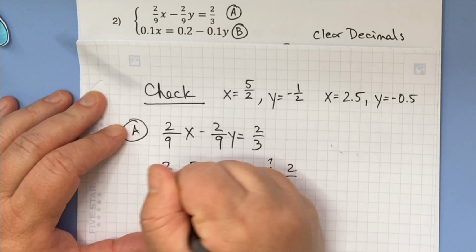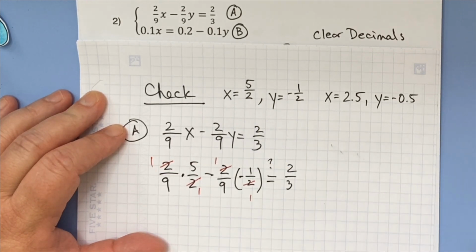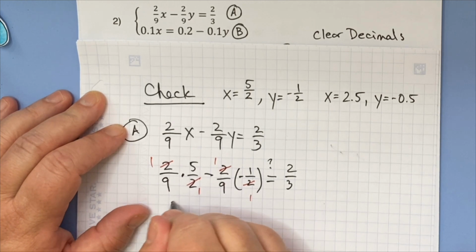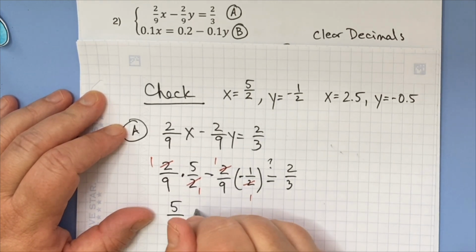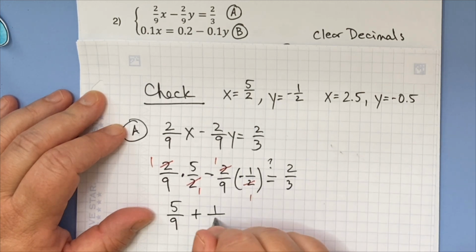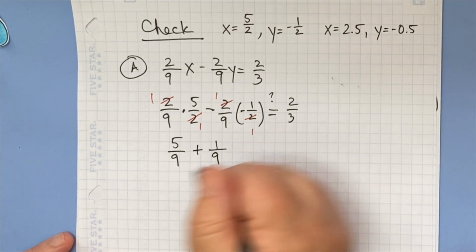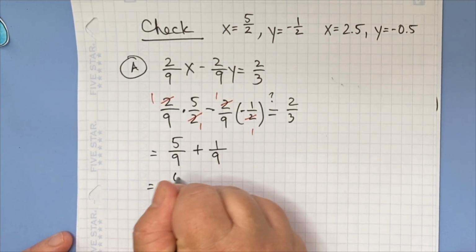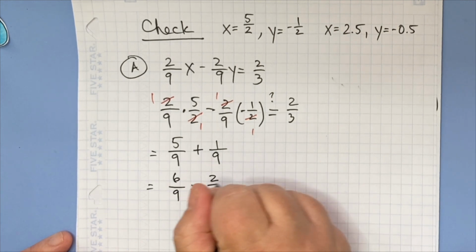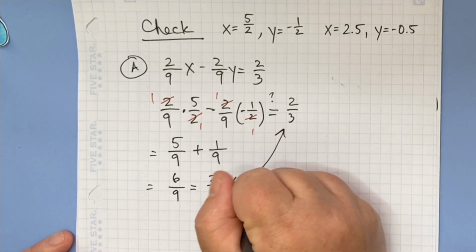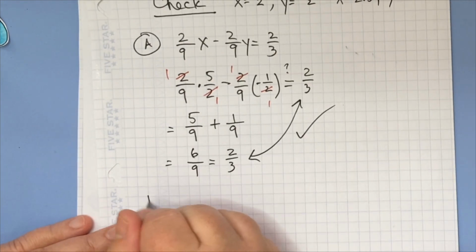The 2's cancel. And here the 2's cancel. So then I get 5/9. And then I see I've got a minus, so that's plus 1/9, right? So that's equal to 6/9, which is, if I reduce, 2/3. Aha! It worked!